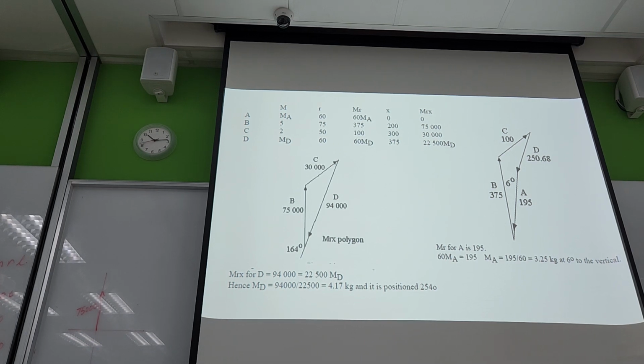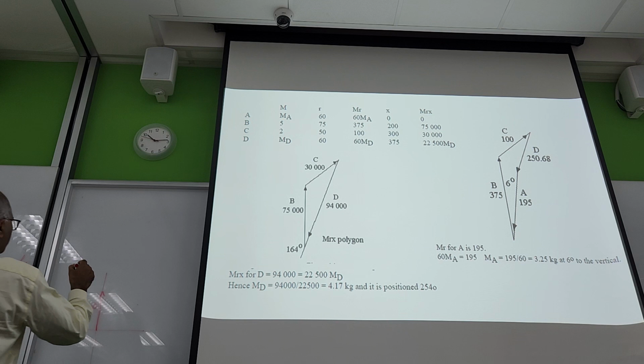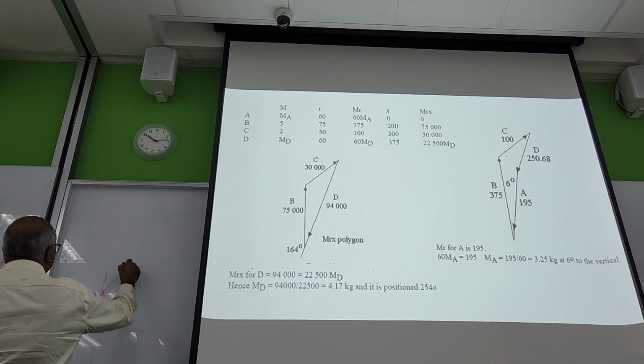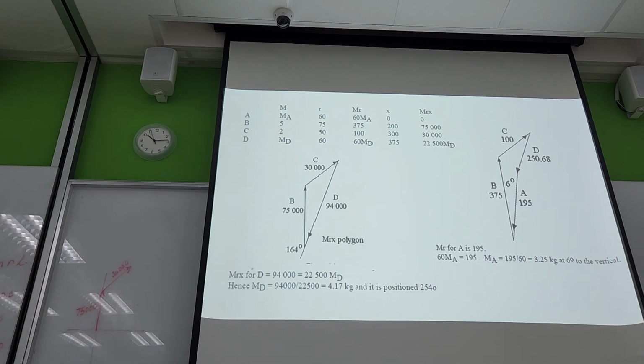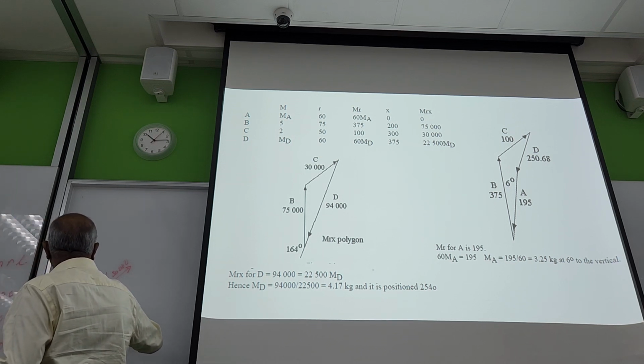So you can plot, this is 30,000. So then you need to just complete here, there are only two things. So this will be your completed polygon.